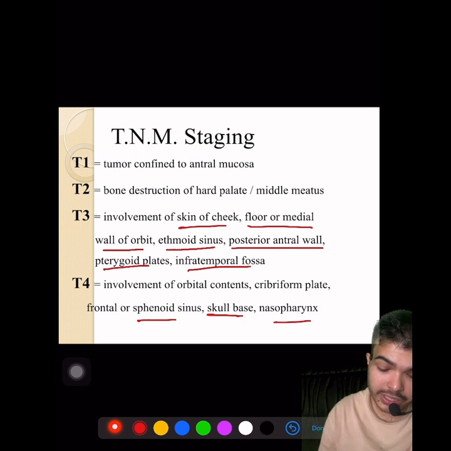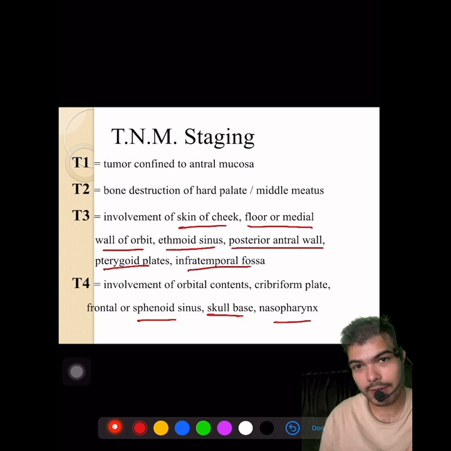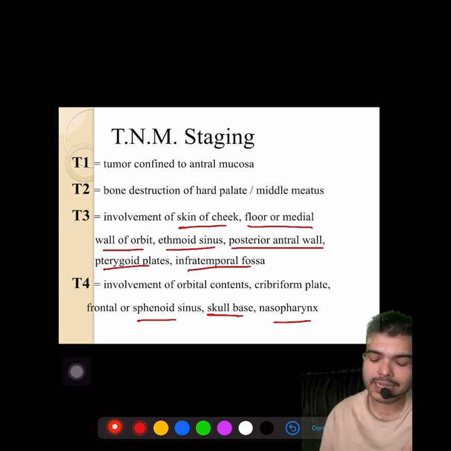Orbital exenteration indications: involvement of the orbital apex, involvement of the extraocular muscles, involvement of the bulbar conjunctiva or sclera, lid involvement beyond a reasonable hope for reconstruction, non-resectable full thickness invasion into the periorbita or the retro-orbital fat. So we have to also go for orbital exenteration. Just remember this word orbital exenteration, it will be more than enough. So we are keeping a prosthesis.